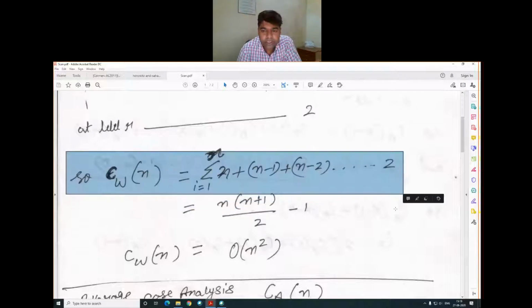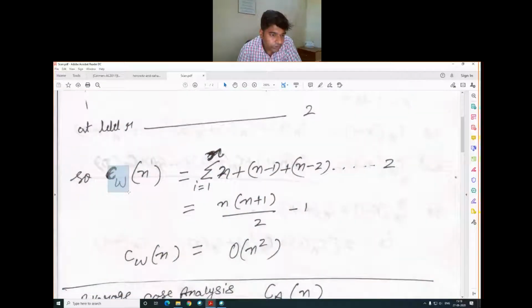So let's start this equation. What is it basically? That's the summation. Summation means the total number of comparisons at each level, which is the function C_W that we have. I just explained the meaning of this complexity in the worst case, where the total number of elements is n. It equals the summation, from i equals 1 to r, where r is the level number.